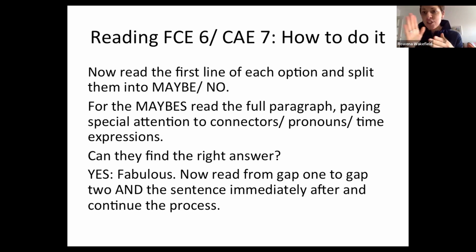Or if the topic is totally different, they can eliminate it. So we go through and we split them into maybe or no. So for those maybes, I would then encourage my students to read the full paragraph, paying special attention to connectors, pronouns, and time expressions. So, can they find the right answer from their maybes? If they can, amazing, wonderful.